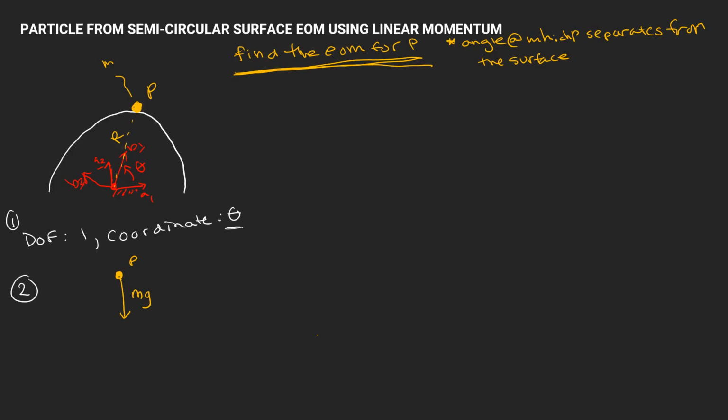And then because it's in contact with the surface here, a normal force is going to be applied onto particle P. And this is our free body diagram. So again, step 2, draw your free body diagram.